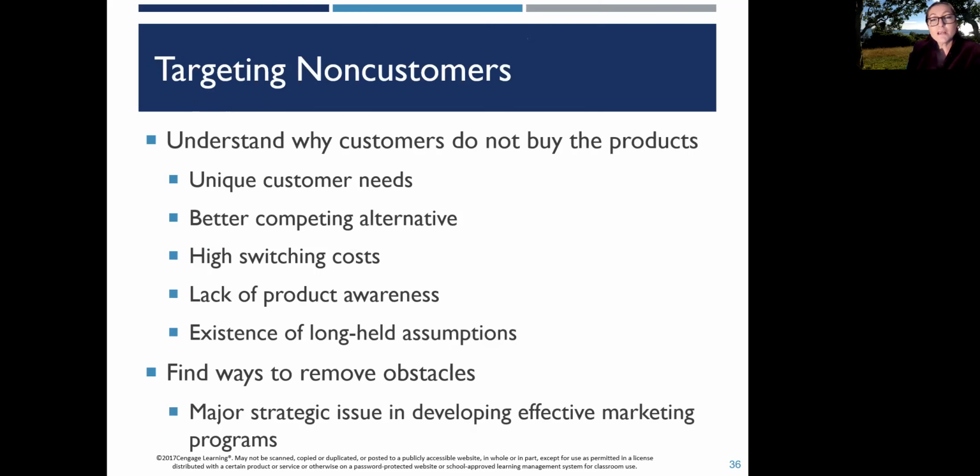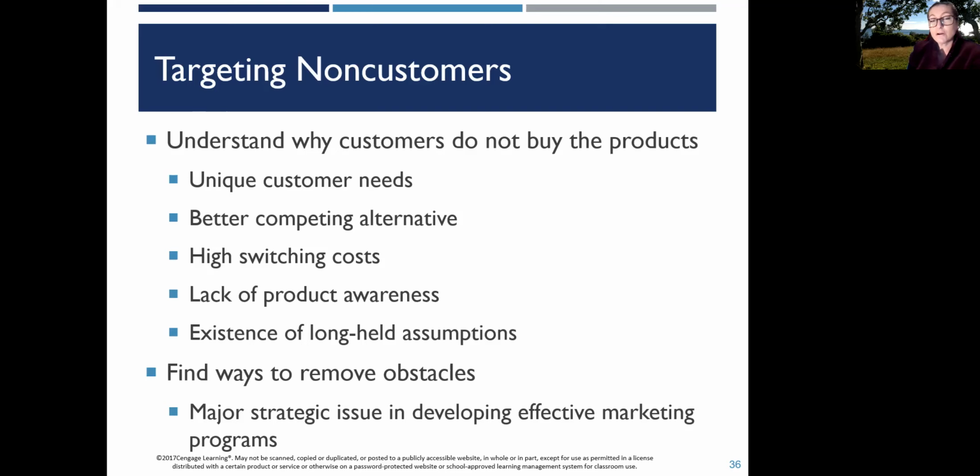All right, so then we target non-customers. Understanding why customers do not buy the products is a really important step. So here we are targeting inactive customers. So how do we do that? Well, we need to understand their needs. We need to understand why they are buying the alternatives to our product. Maybe there's high switching costs involved, right?